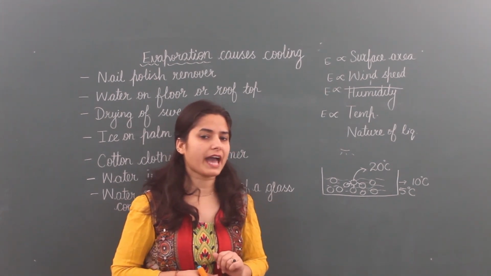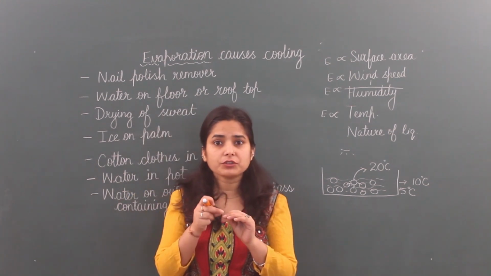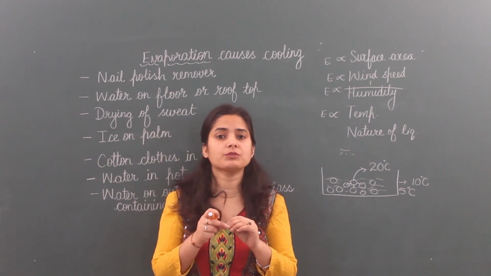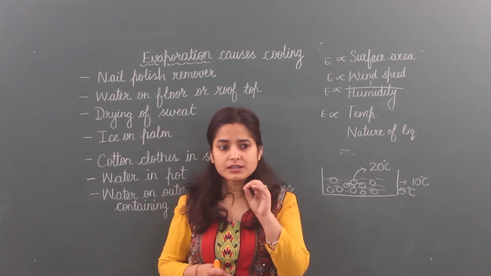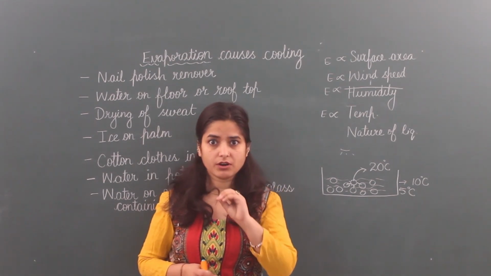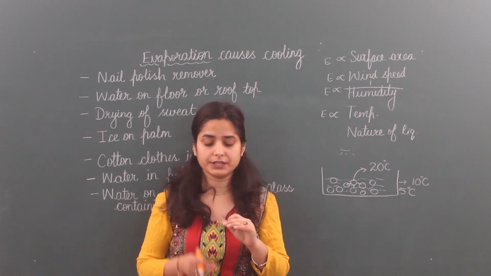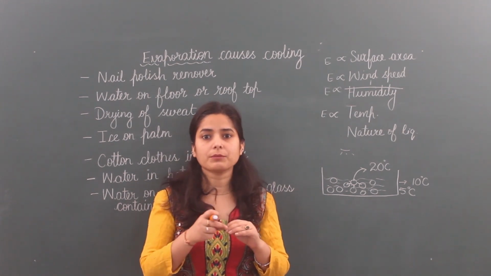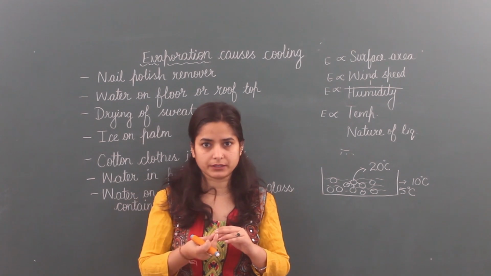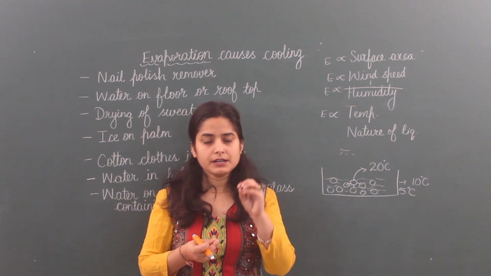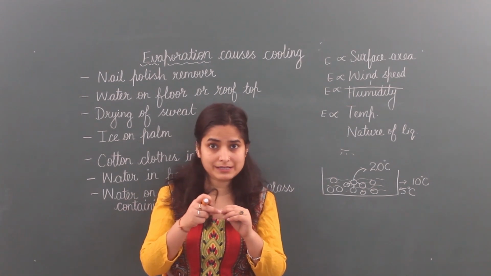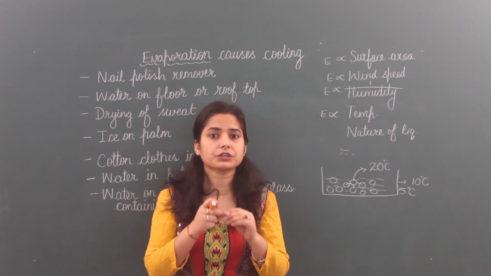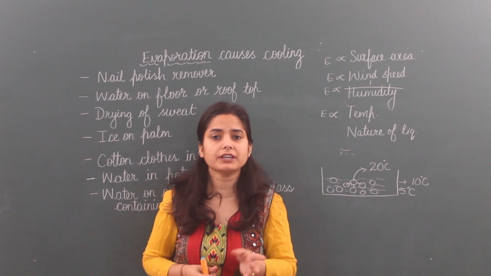You will feel that when you touch it with your skin, at the same time you feel cold. How does it happen? That acetone or nail polish remover liquid takes heat from our body to evaporate, and the temperature of the surrounding cells of our body gets reduced. Due to that we feel cool.